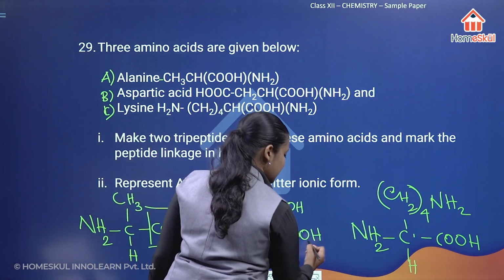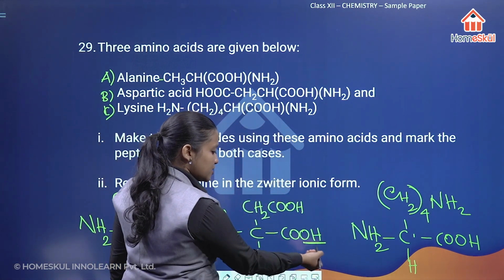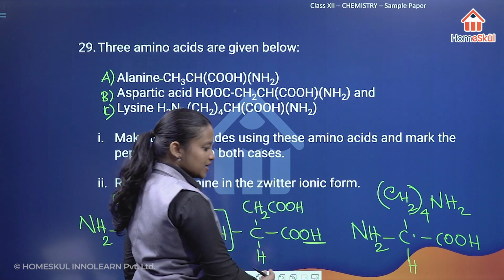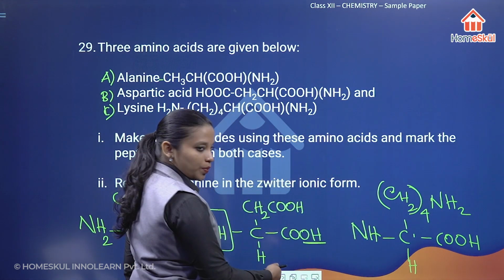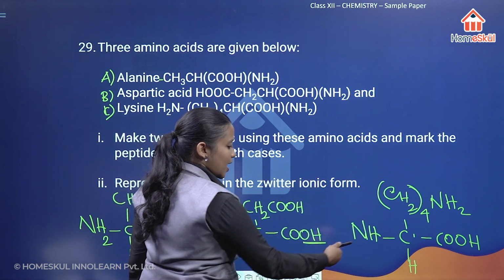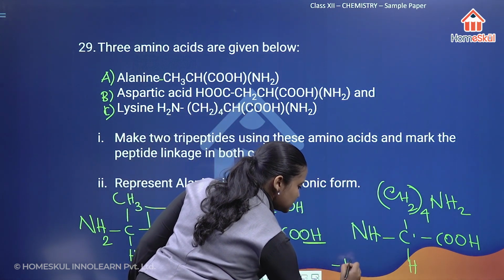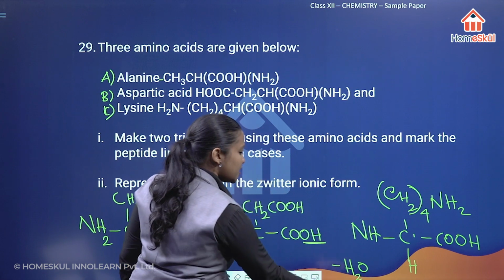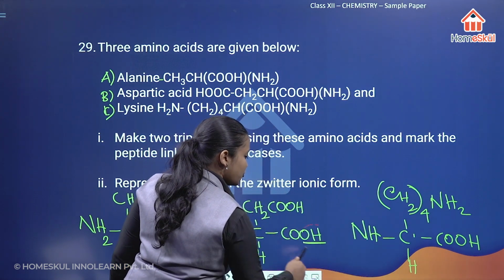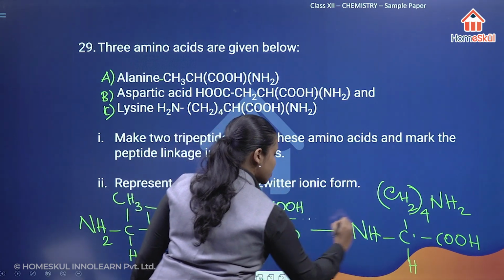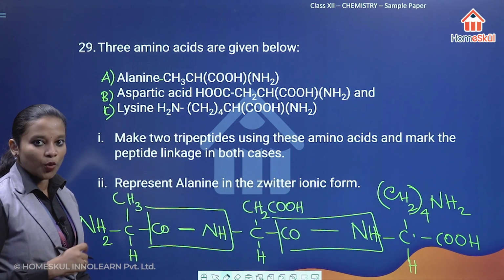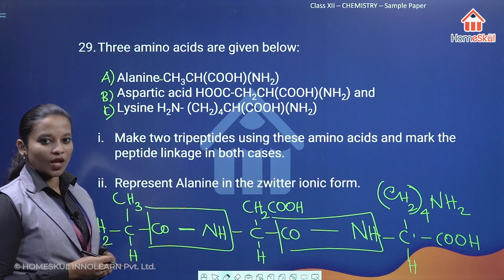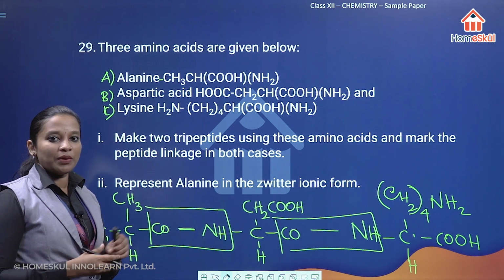Same here, the OH from the COOH group of the second amino acid along with the hydrogen from the amino group of the third amino acid is released as H2O and forms a CONH linkage. That is the second peptide bond or peptide linkage. So this is the first tripeptide.